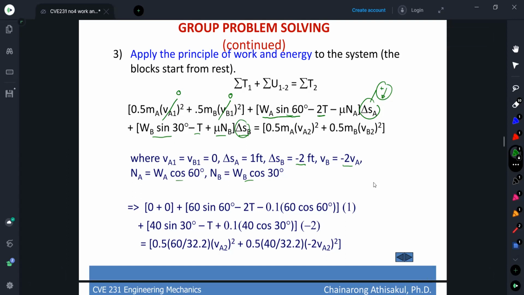But delta SA is positive 1 foot because delta SB is moving up, so delta SA is moving down.